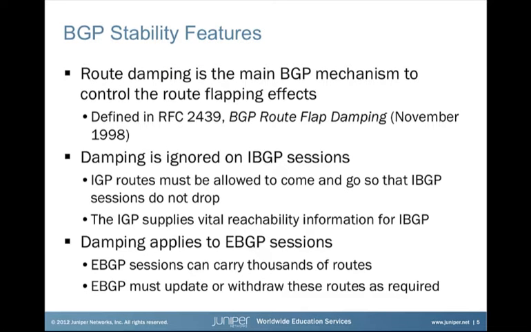Route damping is the main BGP mechanism to control the route flapping effects. It is an RFC, RFC 2439, and damping applies only to EBGP sessions. It is ignored on IBGP sessions.